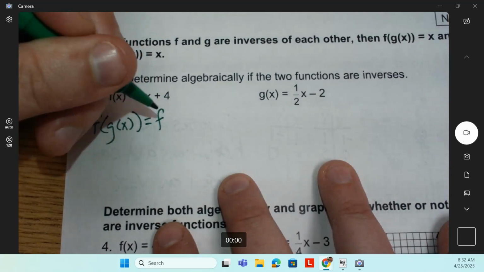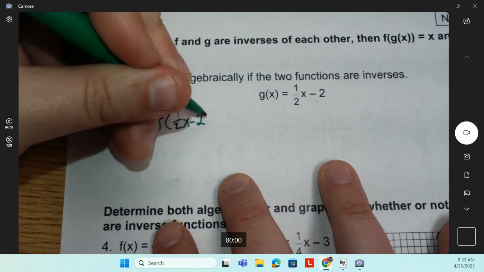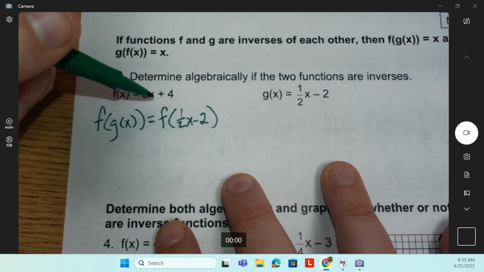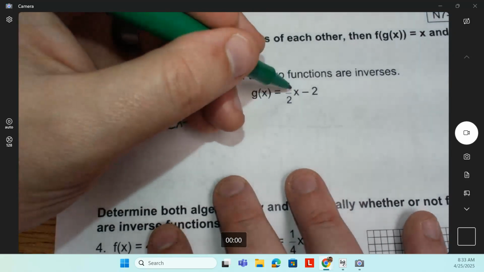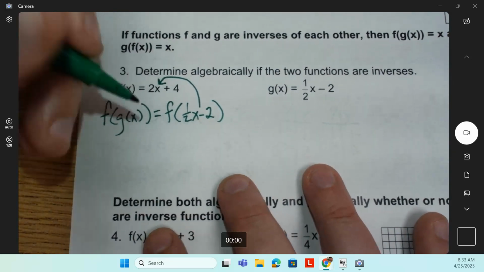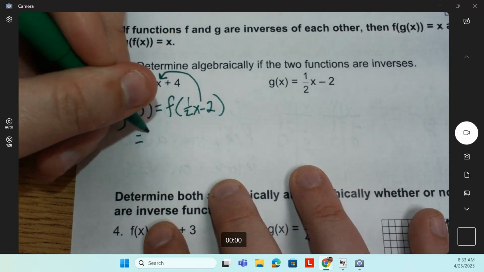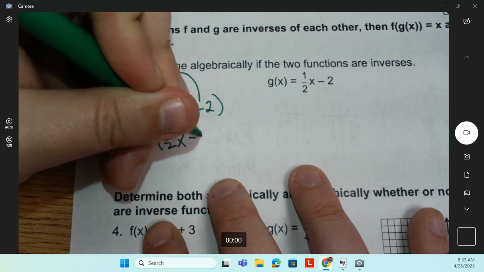So the f of 1/2 x minus 2. We're putting in 1/2 x minus 2 for the x value here. So it's this function going in for that x. That would be 2 times 1/2 x minus 2.